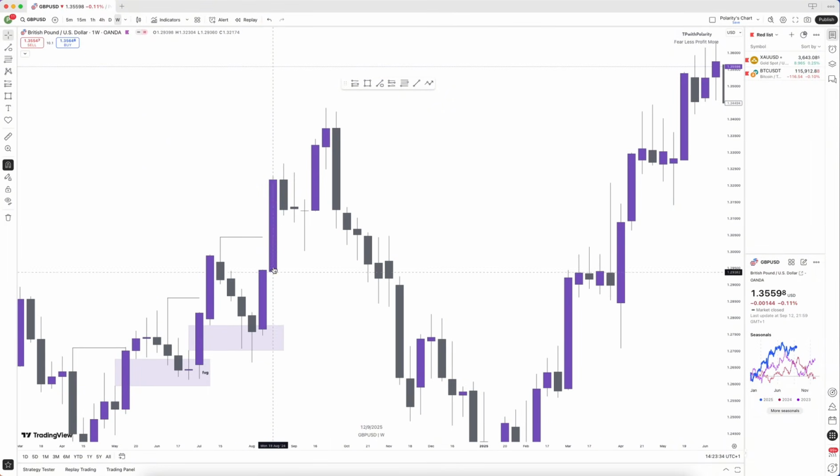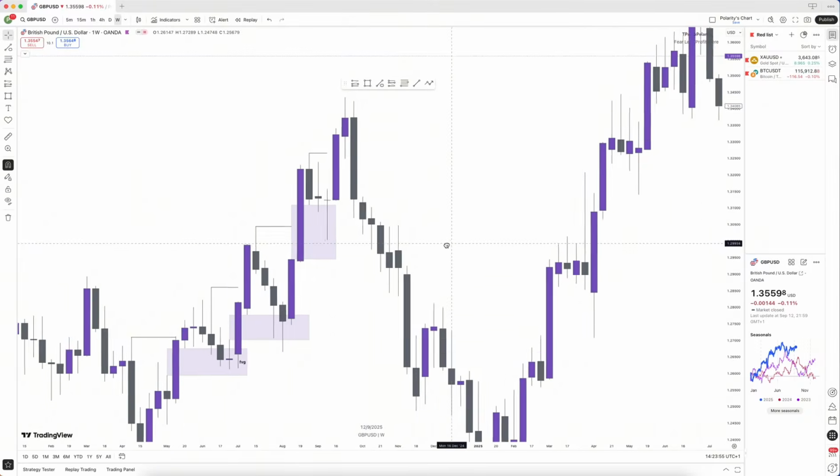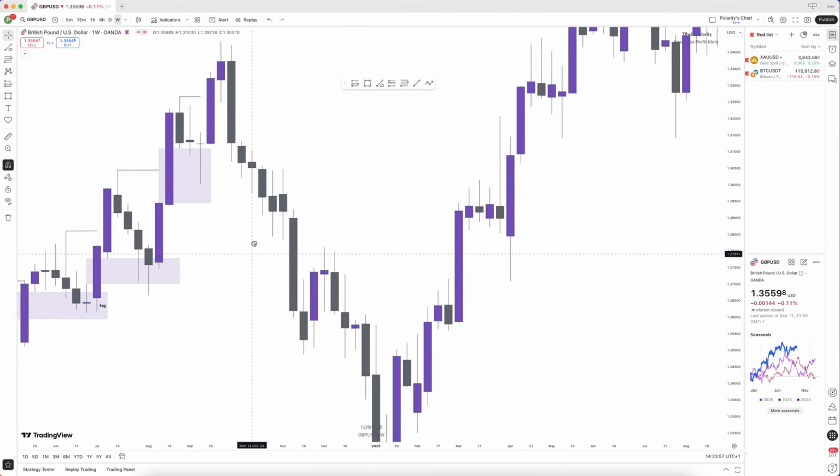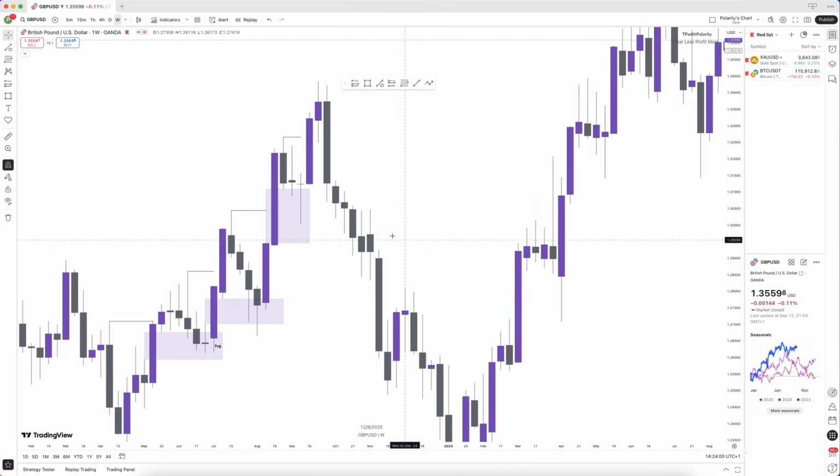When price was moving, it retracted into this nearest fair value gap before making a new high. So automatically this serves as a new liquidity zone. Price reversed into this fair value gap to clear this high again, and that's how the market moves from liquidity to liquidity. For an example, price cleared this low right here.